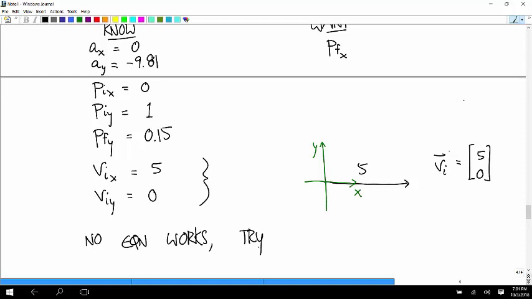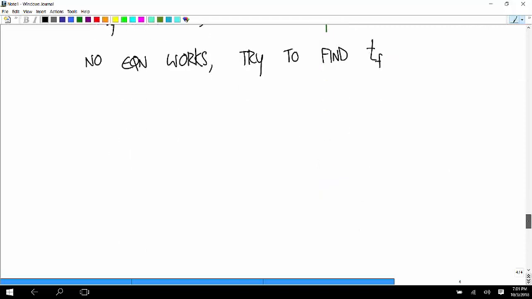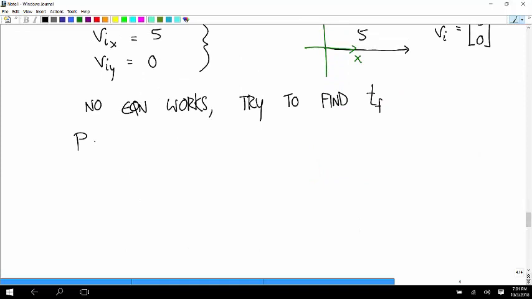So instead, let's try to find time final. Okay, so is there an equation that has time final and everything else in it is listed as known? And I think the answer is this one. PFY is equal to PIY plus VIY times TF plus 1/2 AY TF squared.